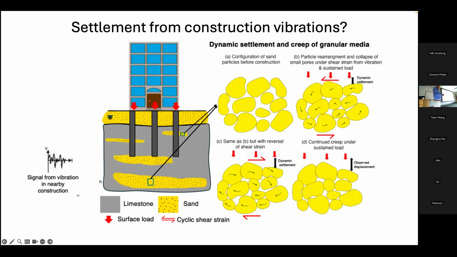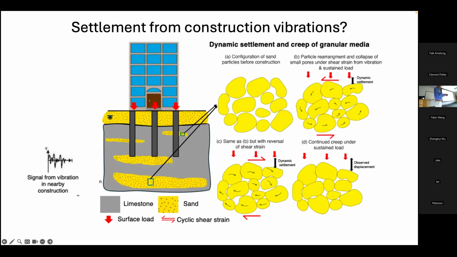You're building a high-rise on the limestone. Here we have the barrier island layer, then we have sand at depth. The construction is associated with significant vibration, seismic signals. The sandy layers, not the limestone, originally look like this. Then we have the shearing by the seismic waves.